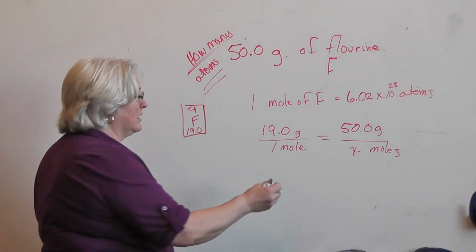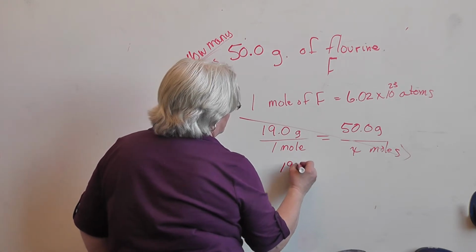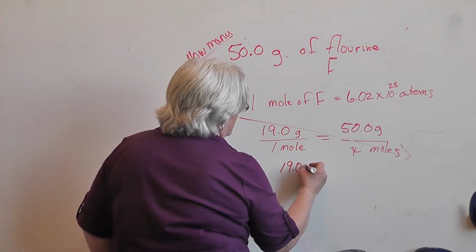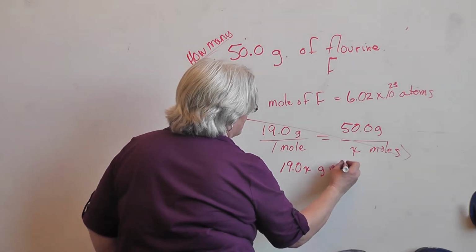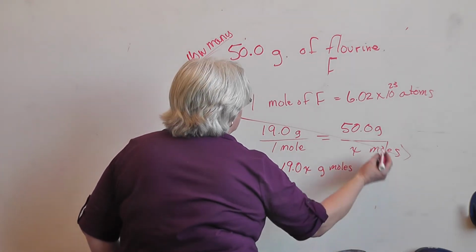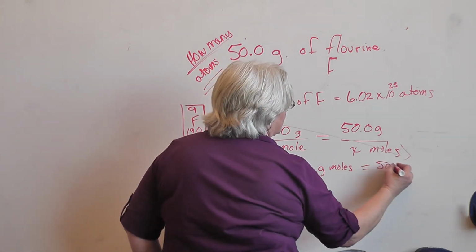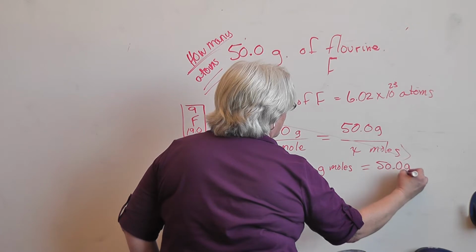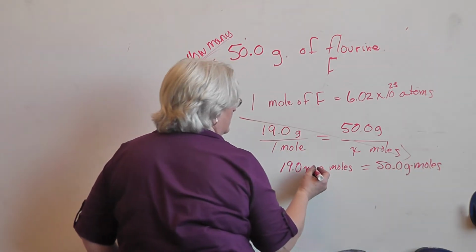We cross multiply. 19.0 times x, with grams and moles, I'm going to write all of this, is equal to 50.0 grams times moles. Okay?